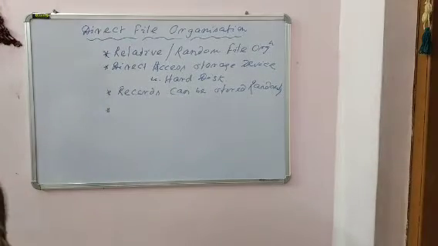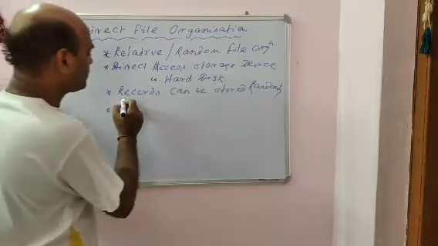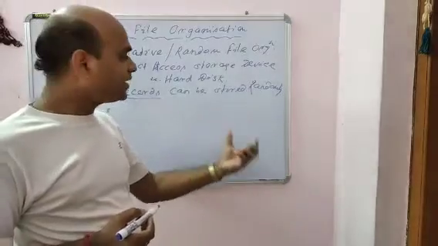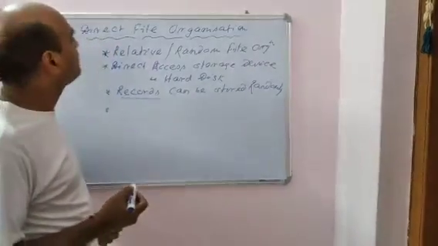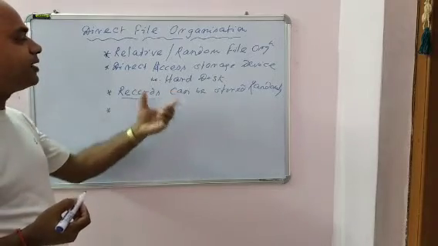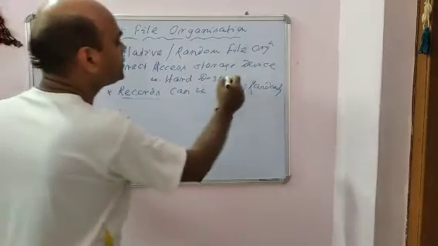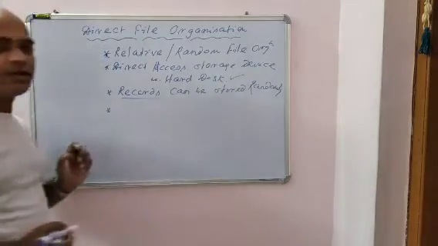They are updated directly and rewritten in the same location, with immediate access to a large amount of information. In random access we can store records randomly or directly, and also directly fetch information from the file. Any type of manipulation can be done randomly. For this we are using a random access storage device like your hard disk.